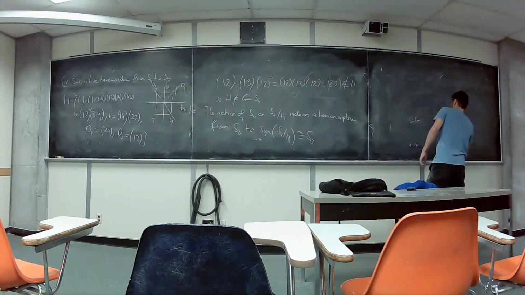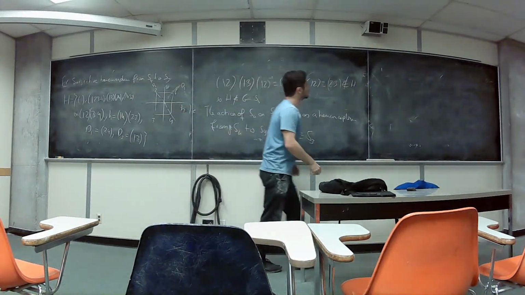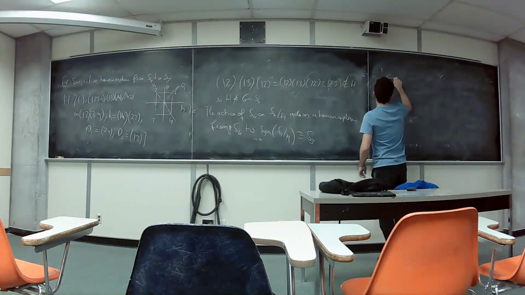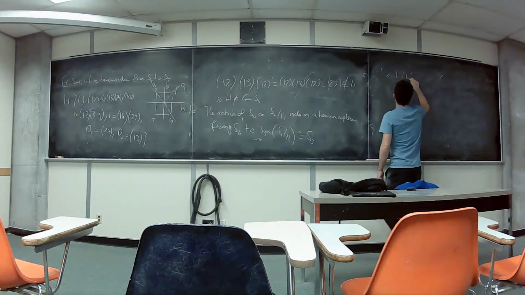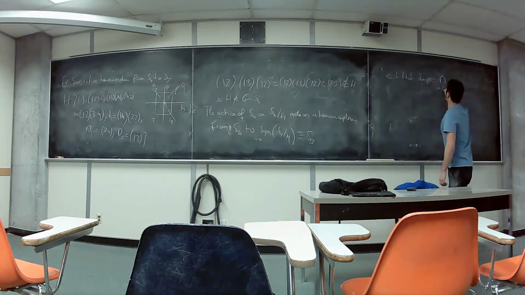Let's call it rho, from S4 to S3, such that the kernel of rho is the intersection of the conjugates of H.